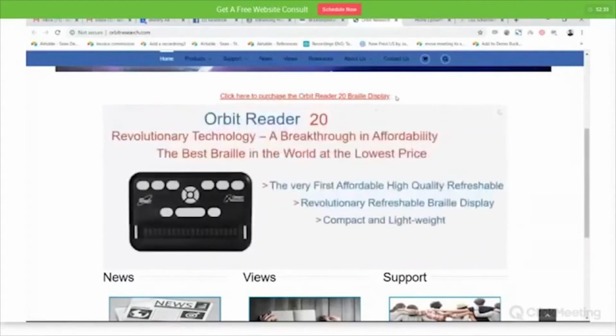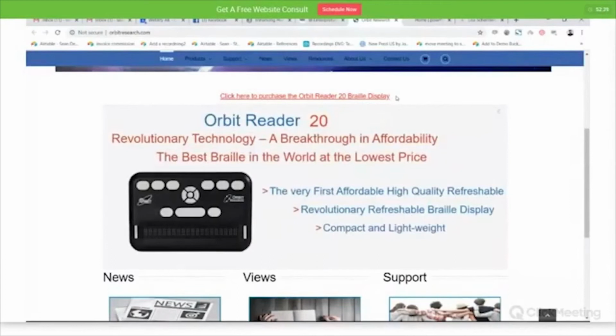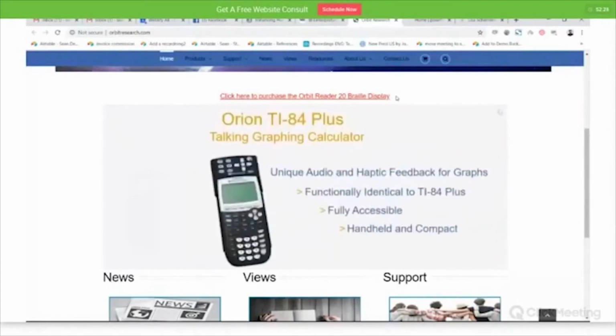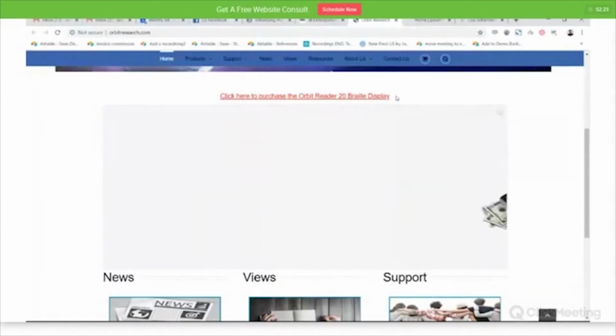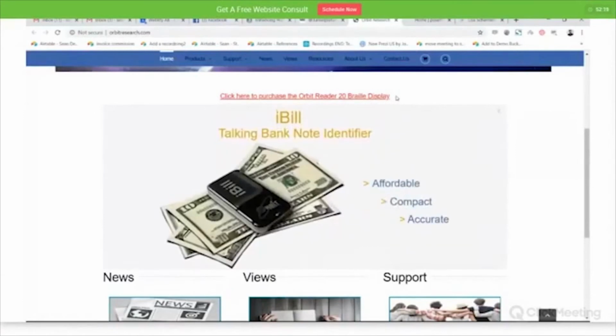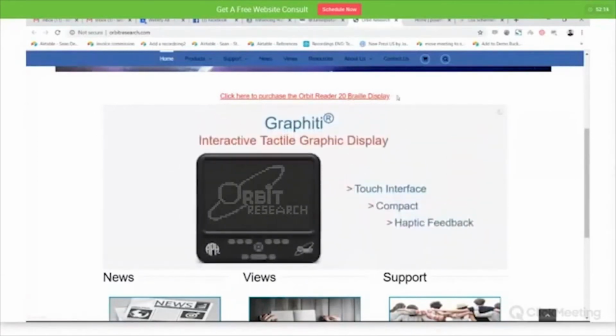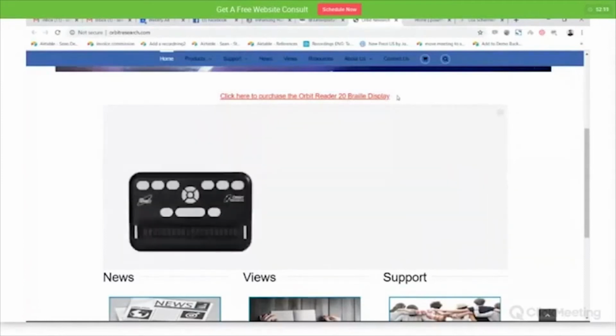But case studies have shown that people are much more likely to click on a button than on text, or on a button rather than a photo, because you've got to make things dummy proof. Sometimes, just because a text is underlined, people don't necessarily know that it's clickable. And plus, there's something about a button.